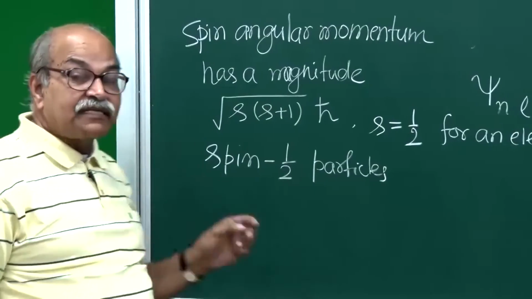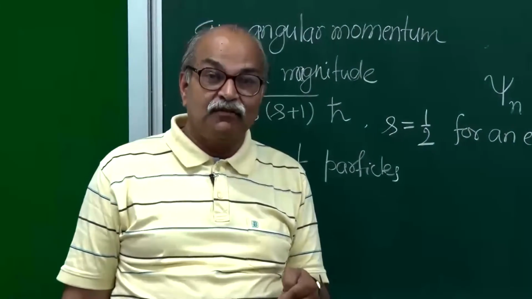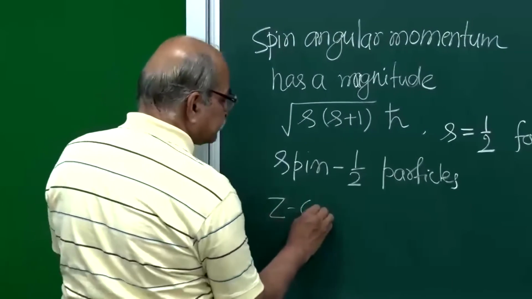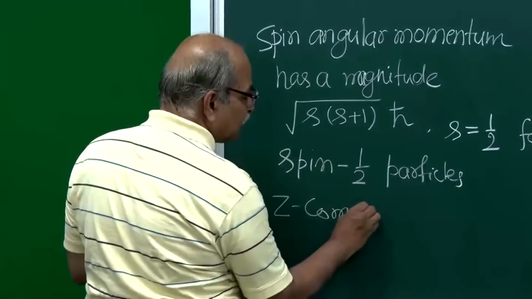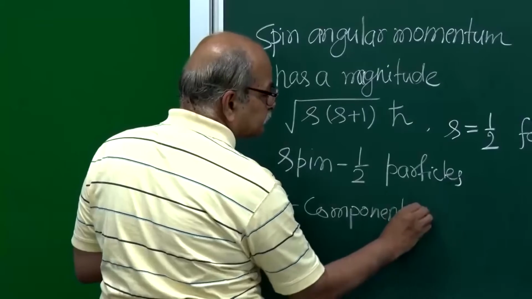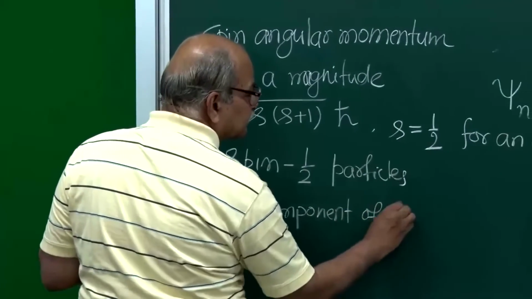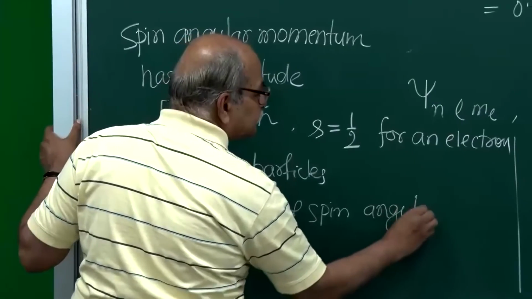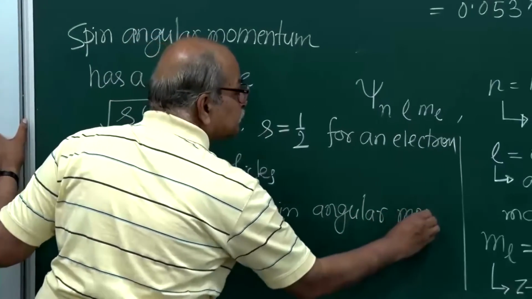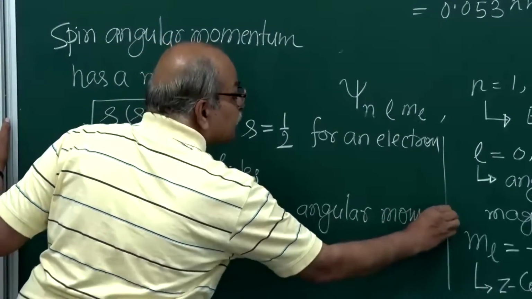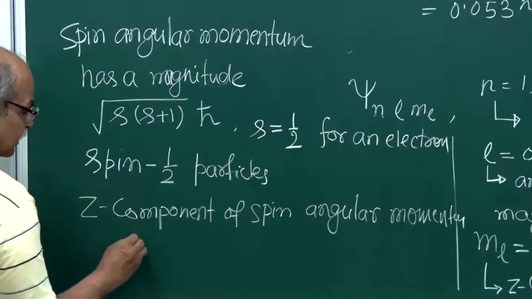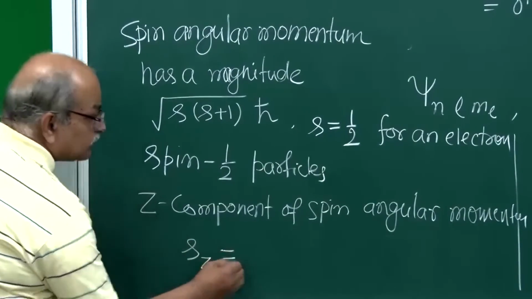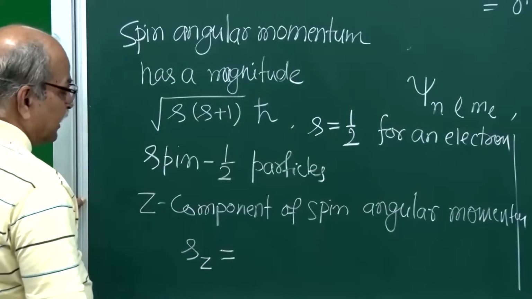But if you measure the z component of the spin angular momentum, there are two possible values. I am talking now of Sz.